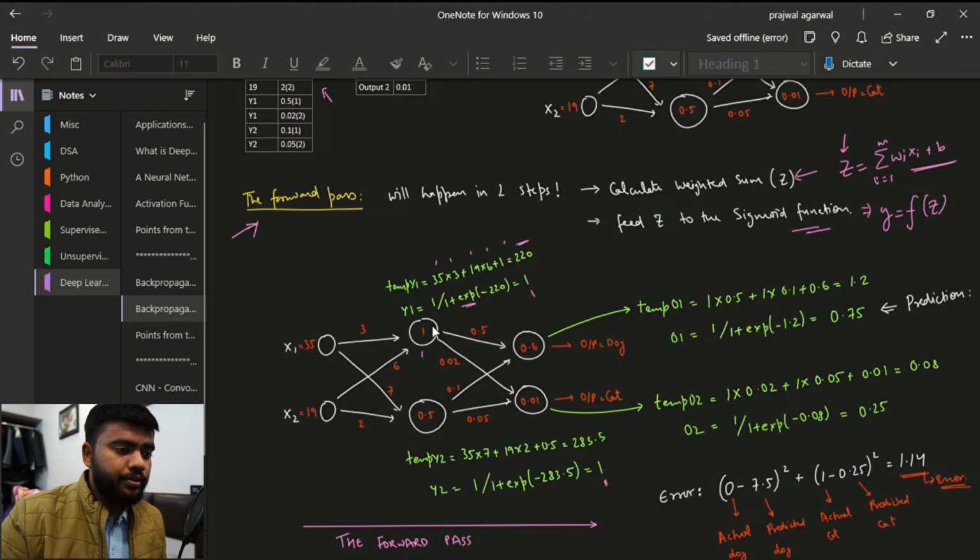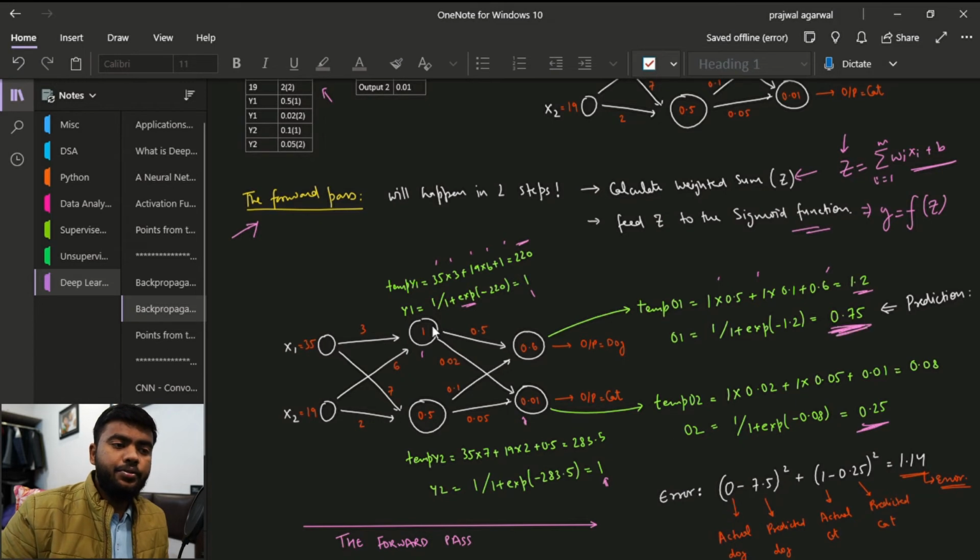Similarly, this is what we do for the other neuron, and then we pass these values to the output neurons. In the output neurons we calculate the same way, w1x1, w2x2 plus bias, and then we feed that value into the sigmoid function, and we generate these two values.